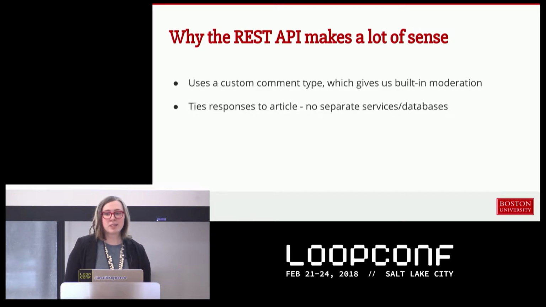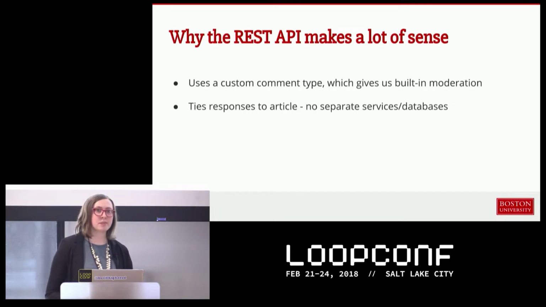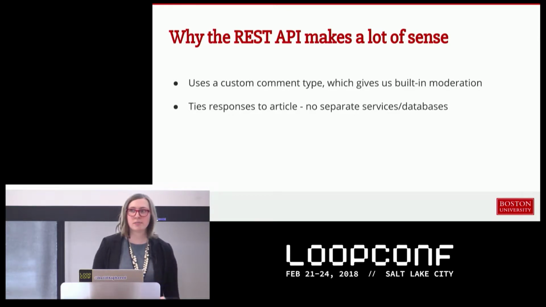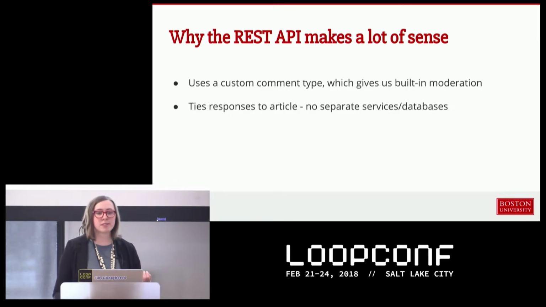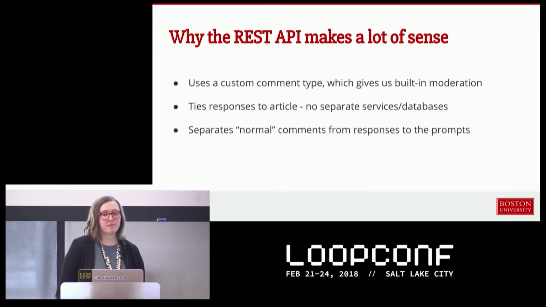So I have to make these articles in a way that they will be somewhat future-proof. They'll continue working into the future. And by tying these responses to the article and using WordPress, we know that as long as we're using WordPress, definitely the foreseeable future with how many sites we're on at Boston University, we're just fine.